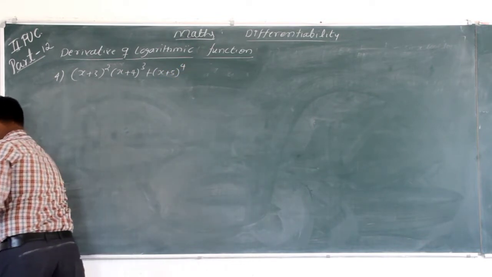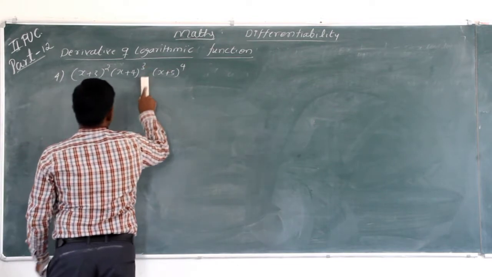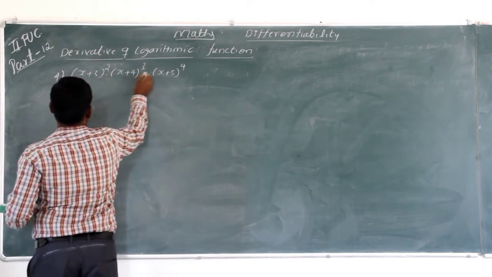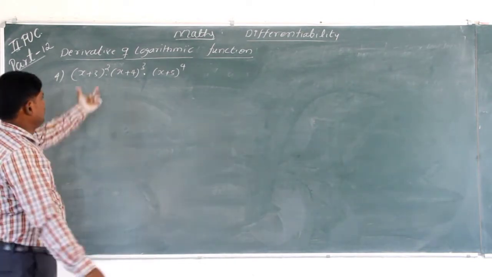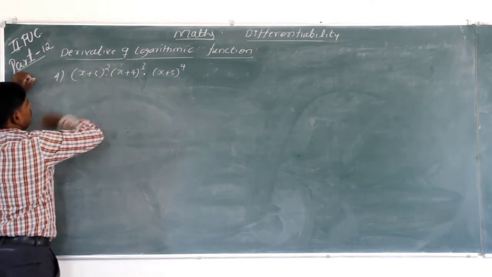So here not plus, this is into. So finally, here the given function has 3 terms. So therefore we use the derivative of the logarithm function.